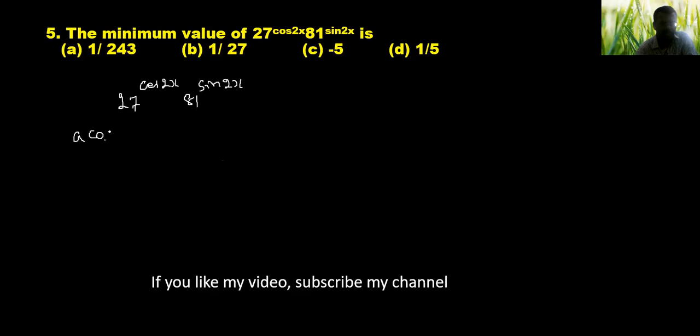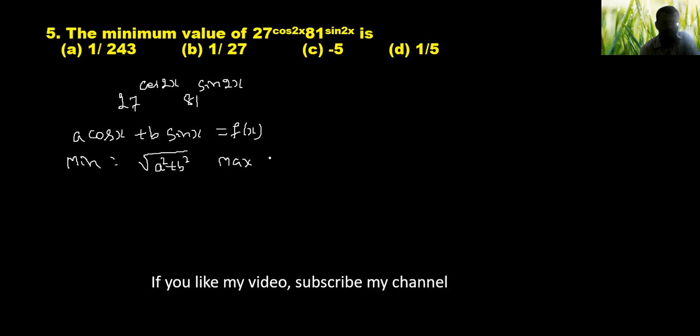The shortcut is: if f of x is a cos x plus b sin x, then its minimum value is minus root of a square plus b square, and the maximum value is root of a square plus b square.